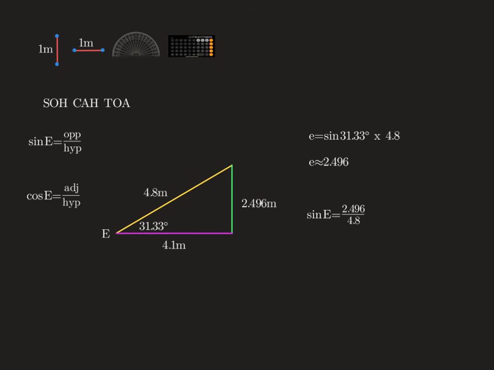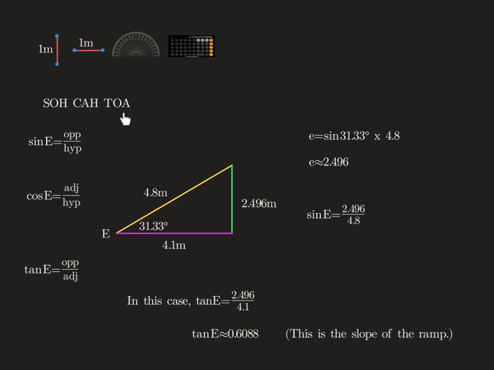Well, the slope is rise over run. The rise is this height, and the run is this length. So the tangent of the angle is simply the opposite side divided by the adjacent side. And as you can see, TOA stands for tangent of an angle is equal to the opposite over the adjacent.